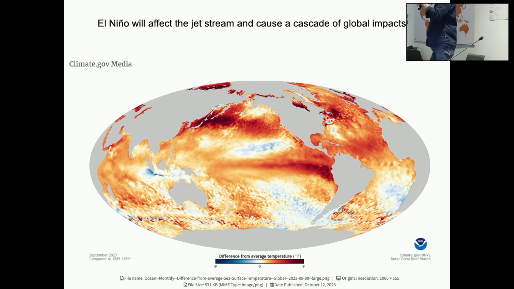This is one of the reasons. It's called El Niño. There is a fluctuation in the temperature of the oceans. The oceans absorb most of the heat from increased heat. But this is a fluctuation that always occurs.